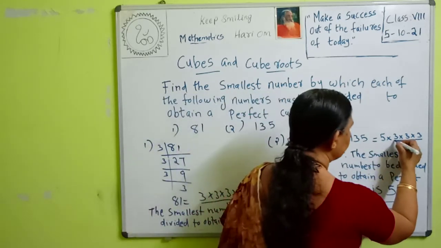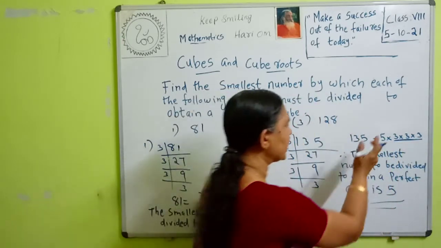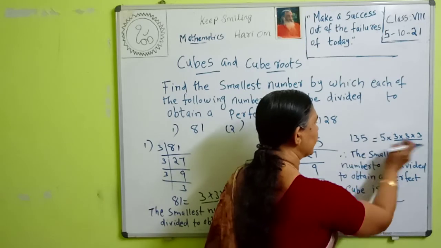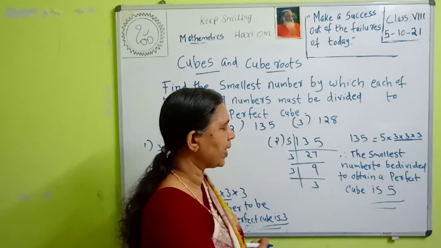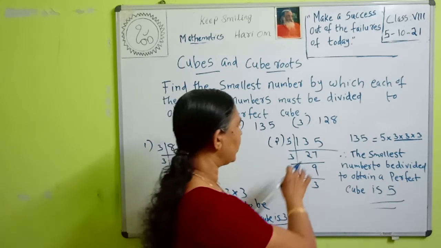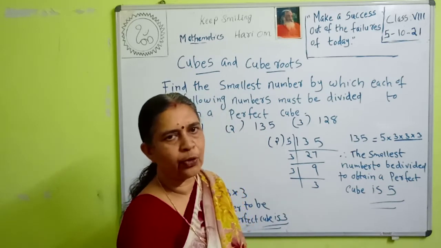These 3s are in triplets, but 5 we cannot group into triplets. If we remove this 5 from here, then this number is a perfect cube. So if we divide 135 by 5, then we will get a perfect cube number.